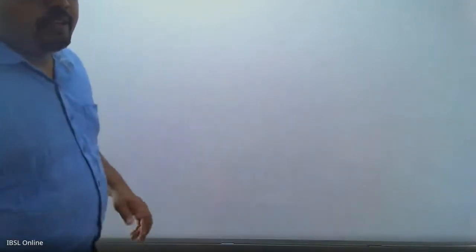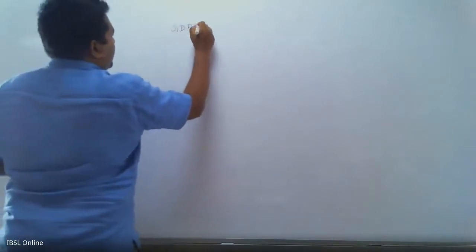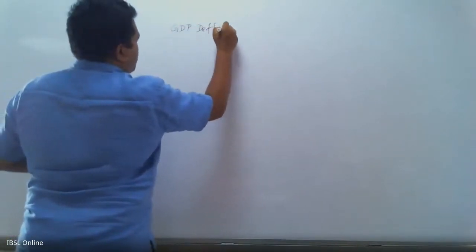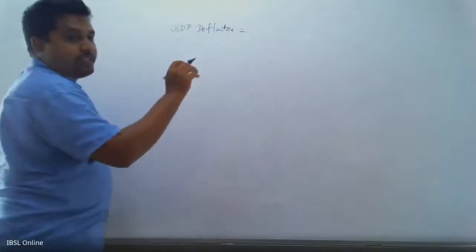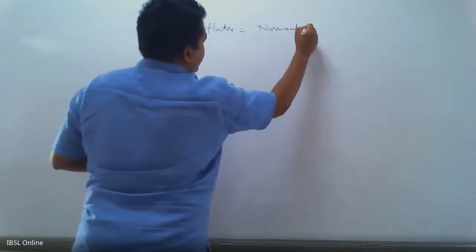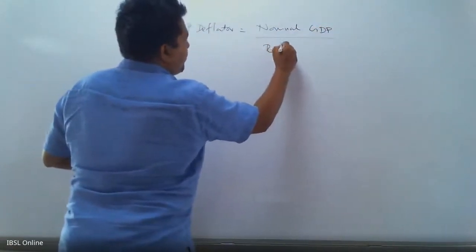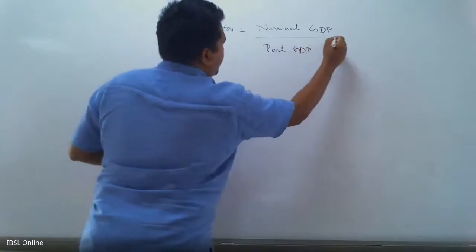Right. So the GDP deflator is nothing but the nominal GDP divided by the real GDP, times 100.